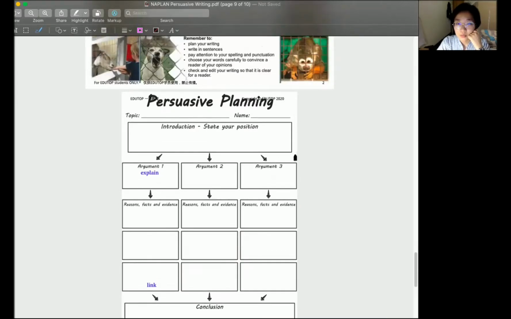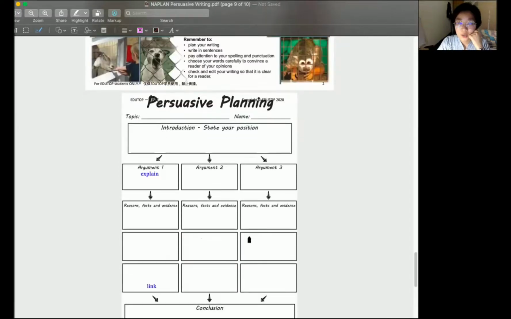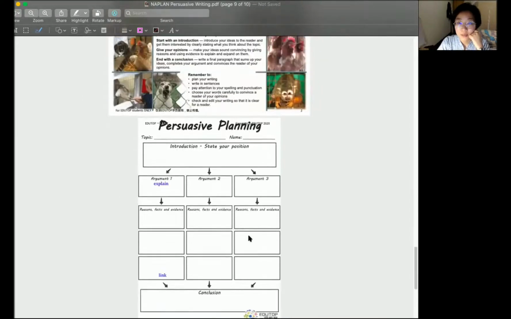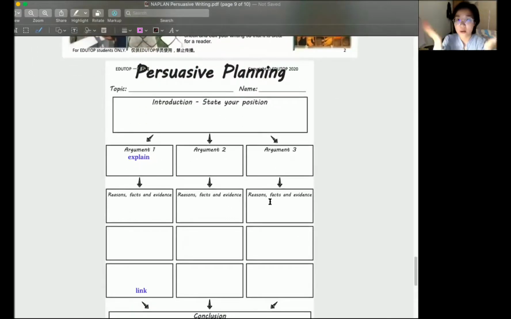So don't be worried. For the third one, you can go like, keeping animals in cages is not cool. Why can we do that? Because it just shows the reader that you can think from both sides. You can think very thoroughly. You have critical thinking. So that's a good way of showing us you can think from both sides.